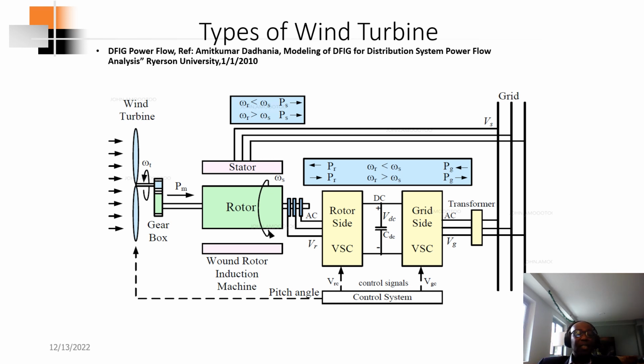So we have the turbine blade, that is where the wind direction and wind speed hits the turbine blade and it rotates, and we have the gearbox scheme, and the low speed shaft that is connected to the low speed shaft right here, and the high speed shaft when it goes through the gear system, and that is integrated to the rotor, and we have the stator that is integrated to the grid.